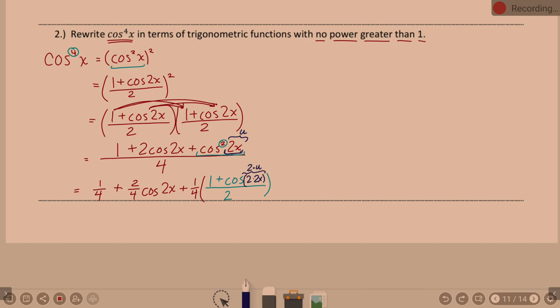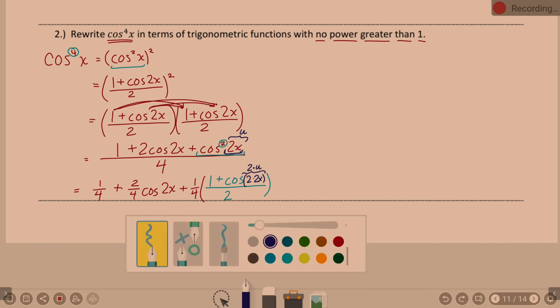I will clean it up to be 4x next time through, because we have cleanup to do at this point. So that's one of the tricky parts you have to watch when we have to use the identity a second time. When it says 2u, it's saying 2 times whatever's in there. 2x was in there, 2 times 2x is 4x. Okay.